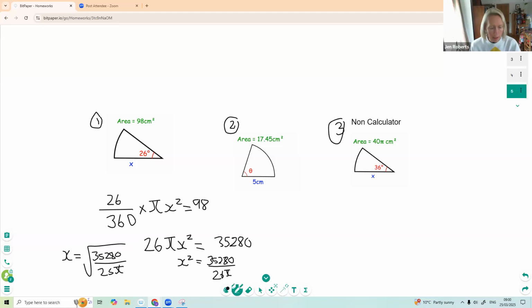Gives you x is 20.8. Let me just double check that one.